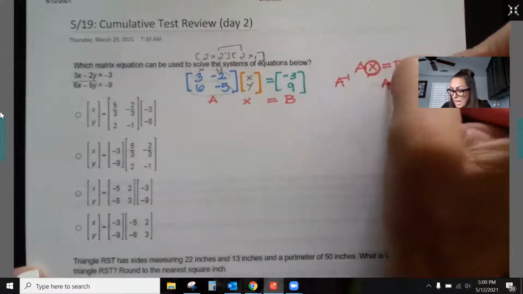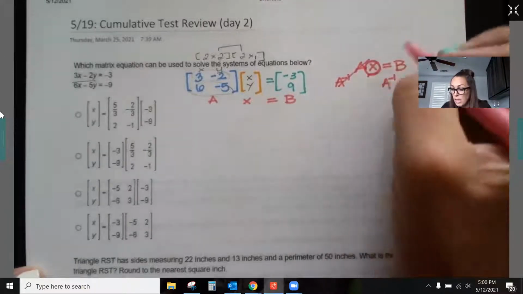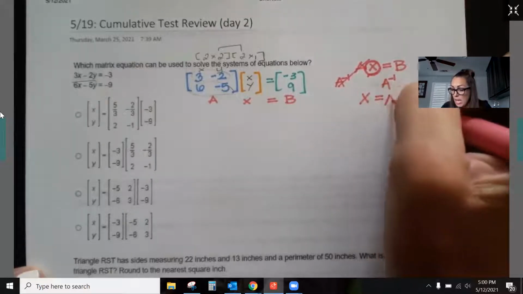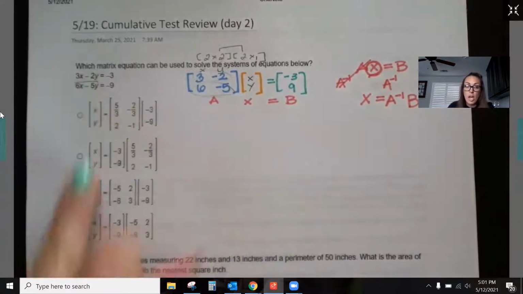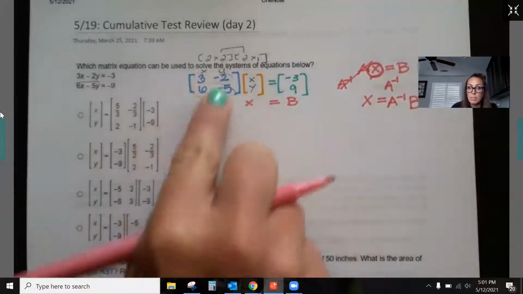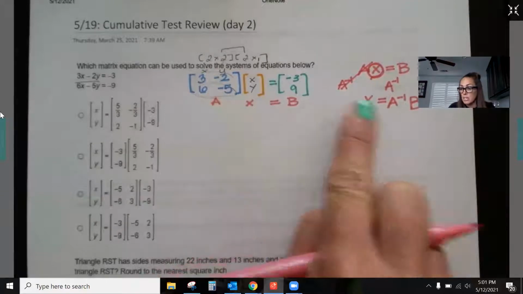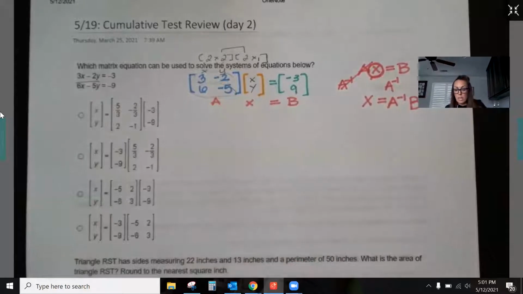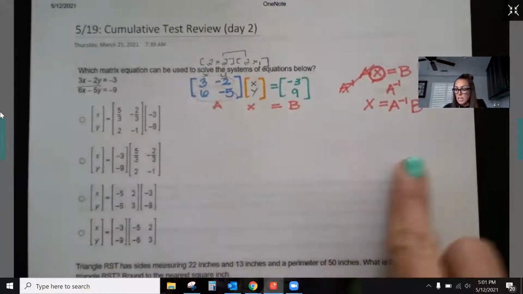So I would multiply A inverse by B as well, so that these two cancel out, and that unknown X is equal to A inverse times B. Because I want the unknown X, Y by itself, I need to get rid of this matrix, and the way I do it is by taking the inverse matrix, so that X equals A inverse times B. That's going to be my goal, to get this matrix equation to look like this.